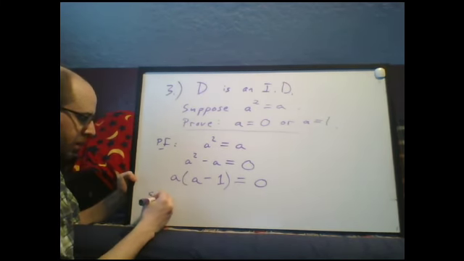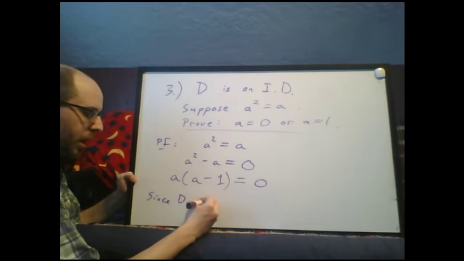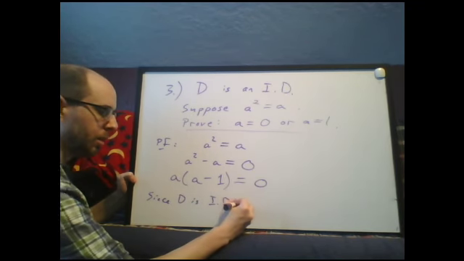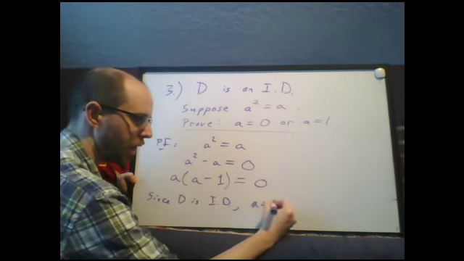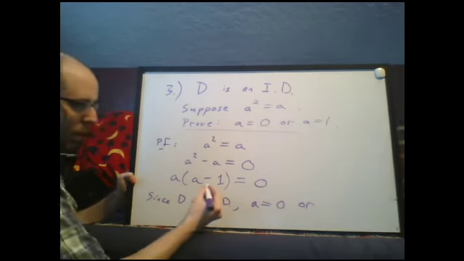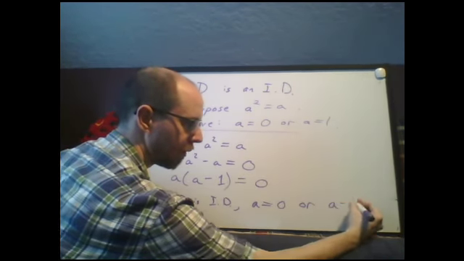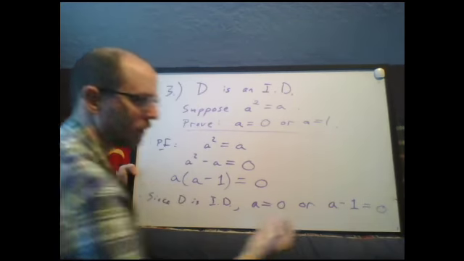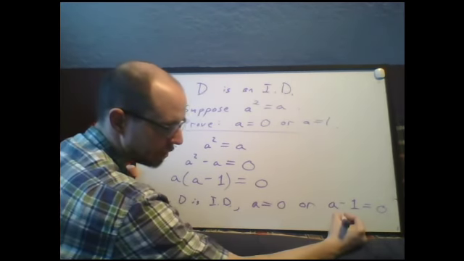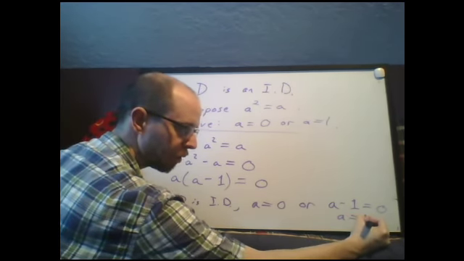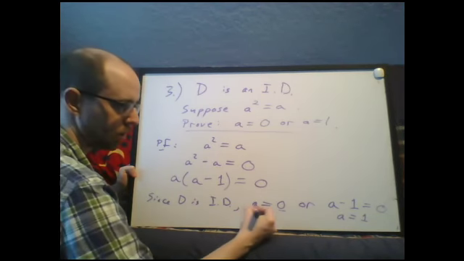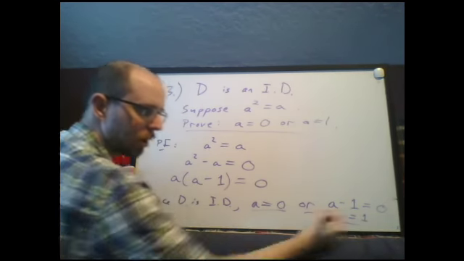So since D is an integral domain, either a equals 0 or a minus 1 equals 0. And if a minus 1 equals 0, that means a equals 1 because I can add 1 to both sides. So a equals 0 or a equals 1, and we're done.